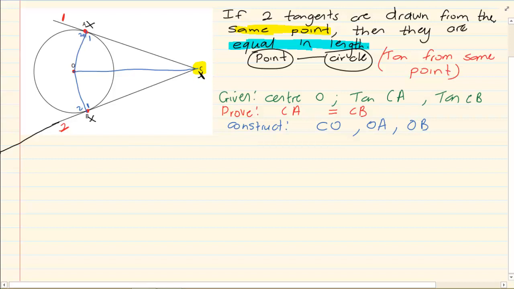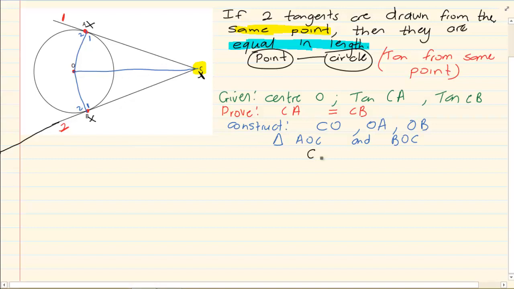Now let us look at the triangles AOC and triangle BOC. In the two triangles, what you would notice is that first of all, CO is common in both triangles.